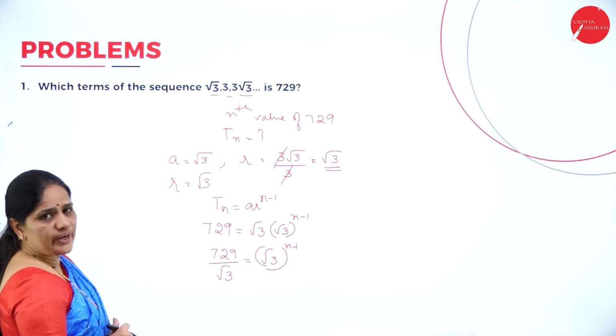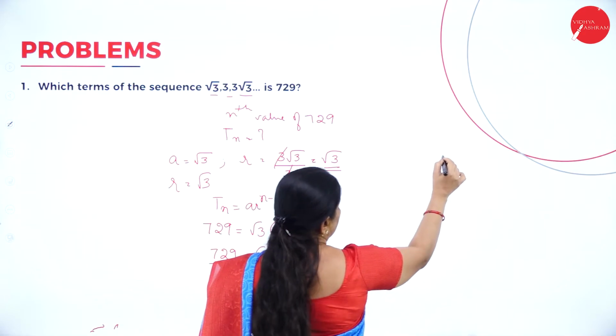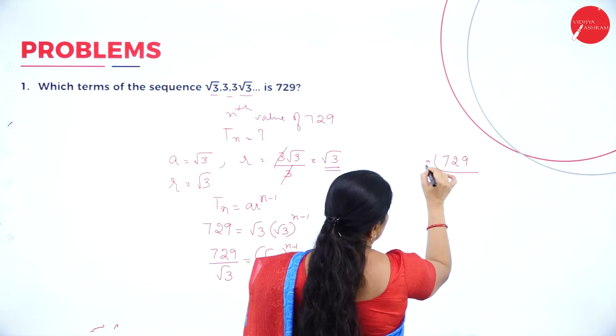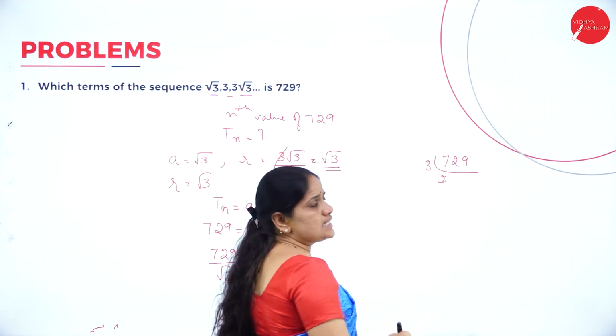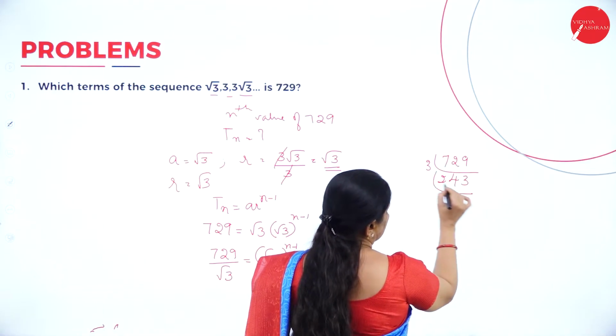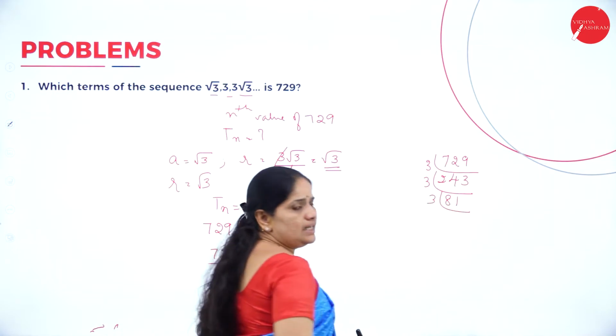Now this 729, we will factorize it. So I will factorize this 729. 3 2s are 6, 3 4s are 12, 3 3s are 9. Then 3 8s are 24, 3 1s are 3.